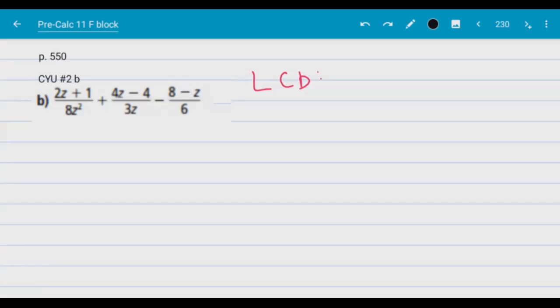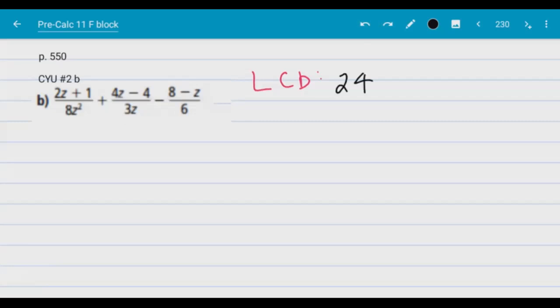For 3, 3, 6, 9, 12, 15, 18, 21, 24. For 6, 6, 12, 18, 24. So I think we have found the number. The LCD in terms of a number would be 24, because 24 is divisible by 8, by 3, and by 6.